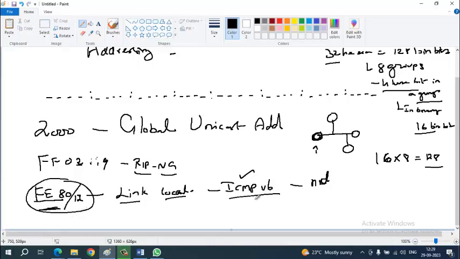That is going to be the multicast address provided by ICMP version 6. So this is going to be a multicast service. So neighbor discovery is happening not by broadcast, but by multicast.